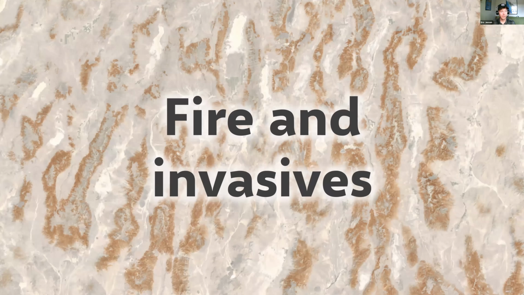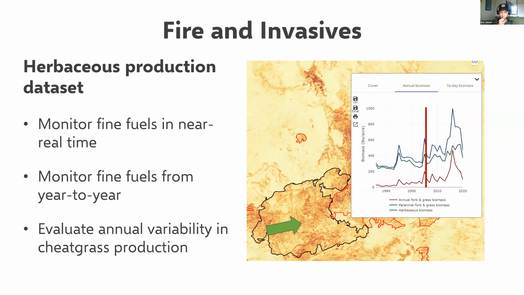Fire and invasives. Somehow I haven't talked about this a whole lot over the course of the presentation. I guess the cheatgrass challenge example was a pretty impactful one, but this is a really important use of RAP.